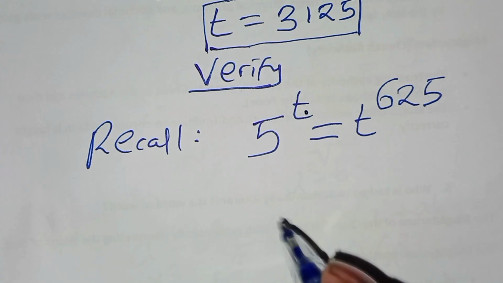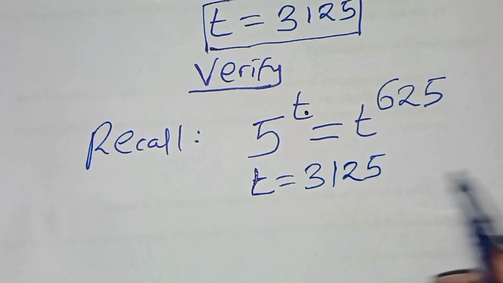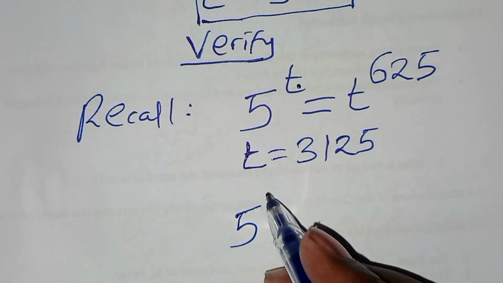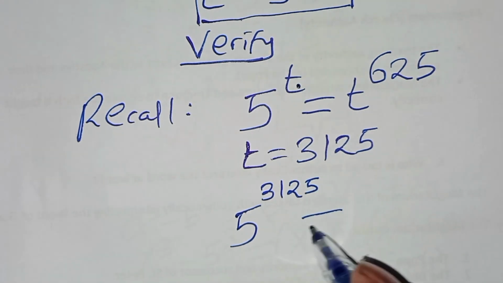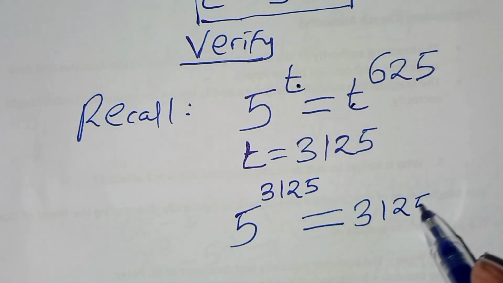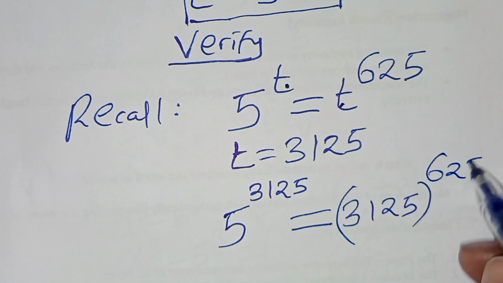Now here we have t equal to 3125. Therefore we'll have 5 raised to power 3125 equal to t, which is 3125, raised to power 625.